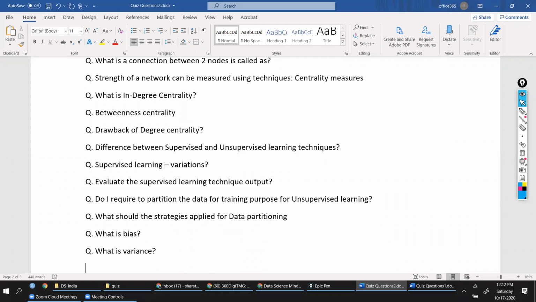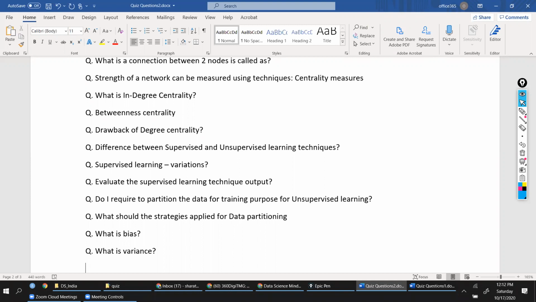Variance means overfitting. You can interpret it as overfitting. So your training is overdone, right? So that's the bias and variance trade-off.